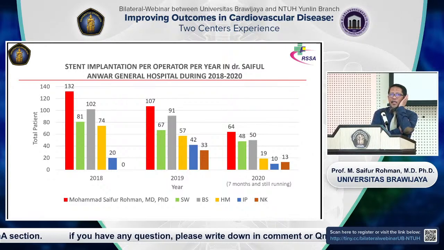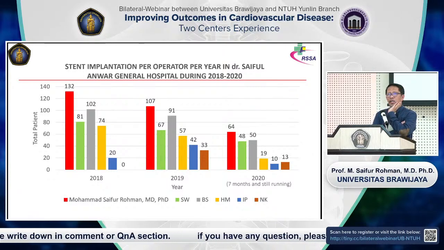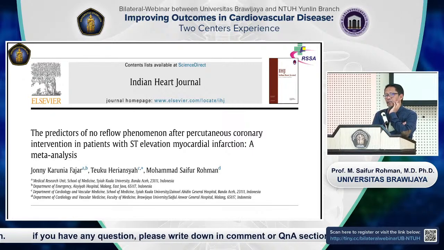Another feature of the stent implantation is that each year the trend is decreasing because of the COVID pandemic in 2020. This is one of our journal articles published regarding the predictor.